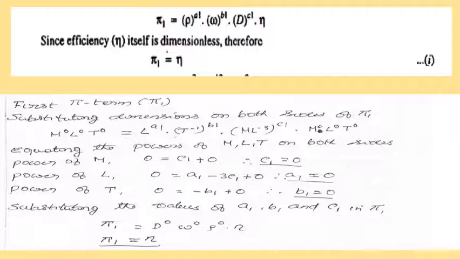The B1 value is also 0, that is omega power 0, diameter power is also 0. The third term is density, and the power of density is C1. The value of C1 is also 0. For that reason, the remaining is the phi 1 equal to efficiency. The same thing we got in the very first solution also.